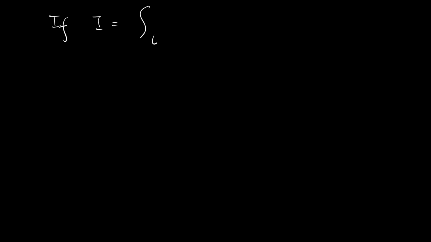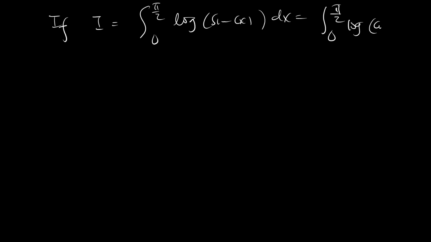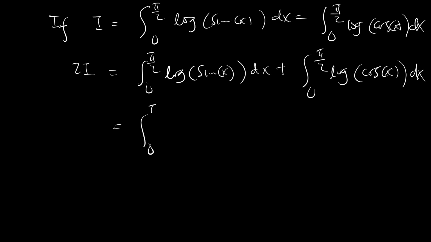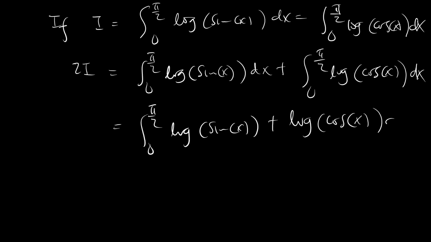I, capital I, is the integral from 0 to pi over 2 of log of sine of x, which equals the integral from 0 to pi over 2 of log of cosine of x, then it means that 2I is equal to the integral from 0 to pi over 2 of log sine of x plus the integral from 0 to pi over 2 of log cosine of x, which means that this is the integral of log of sine of x plus log of cosine of x.